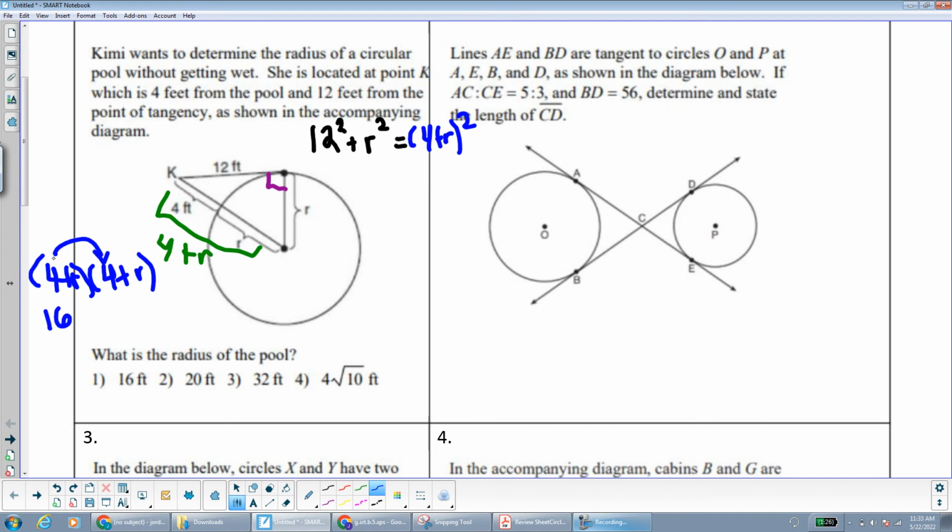That is 16 plus 4r plus 4r plus r squared, which is 16 plus 8r plus r squared. Let me write that down over here.